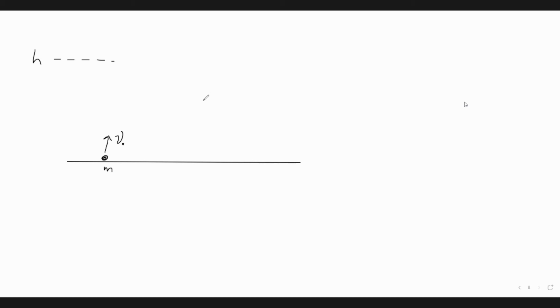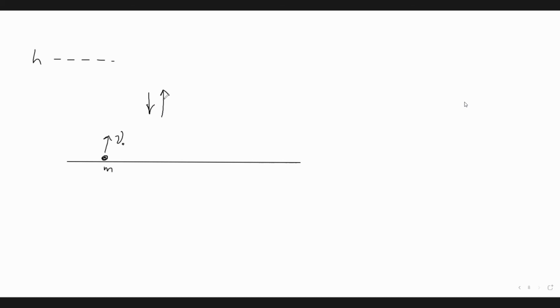So what is the total work done by gravity? Well, the force of gravity is m times g, and it acts over a distance h. So you're tempted to say it's mgh, but the force is in this direction and the motion is in this direction. So F dot dr is negative.